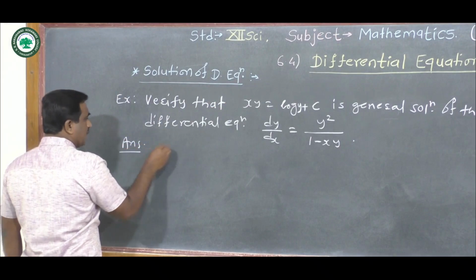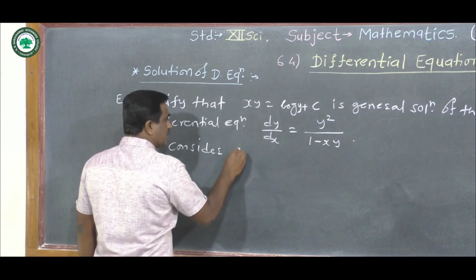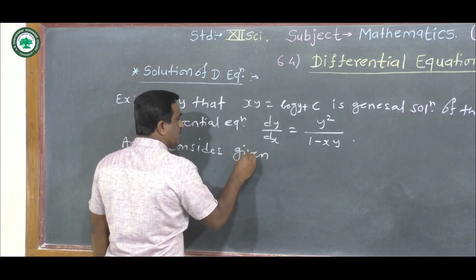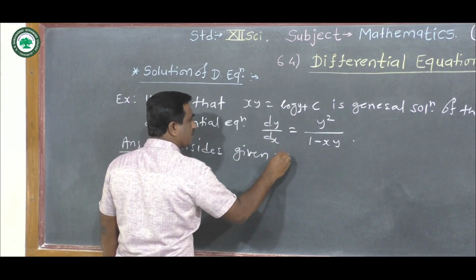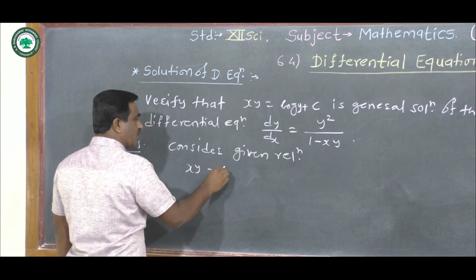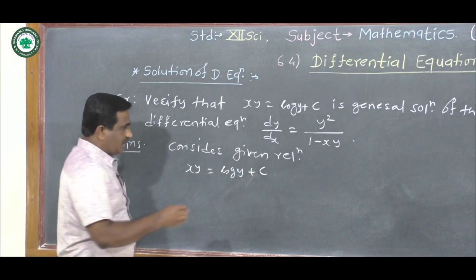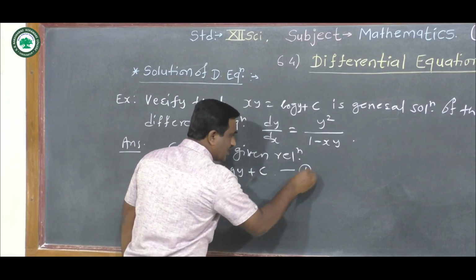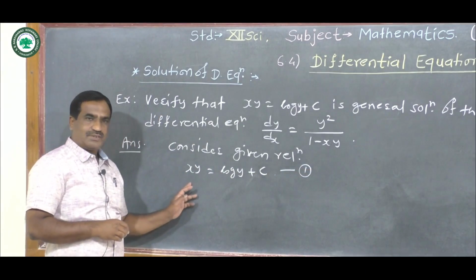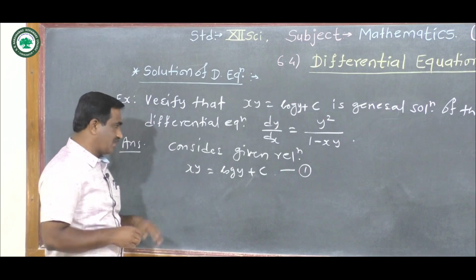Answer: consider the given relation, that is x into y equal to log y plus c. Say this is equation number 1. Now differentiate this equation with respect to x and use the product rule on the LHS.